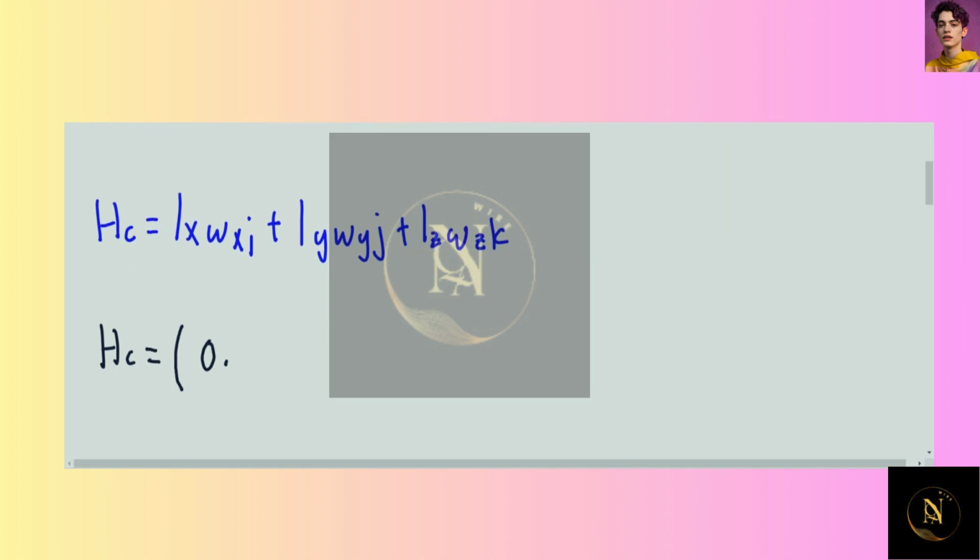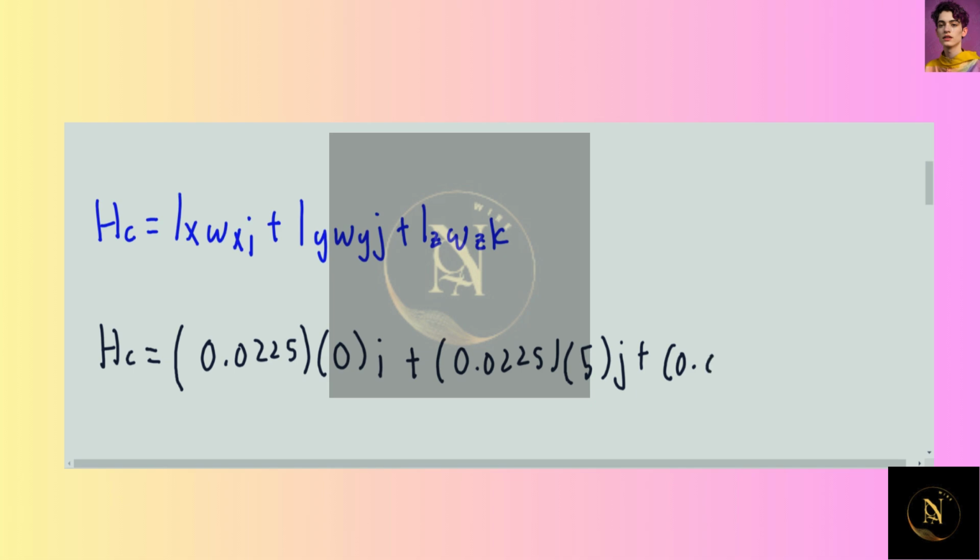We plug in I of x, then omega x, then I of y, and then omega y, and then I of z, and then omega z.